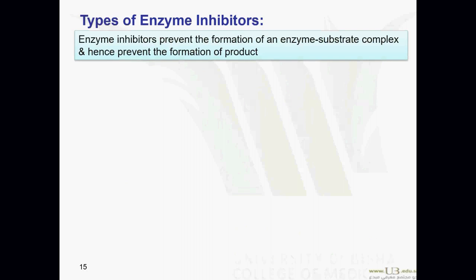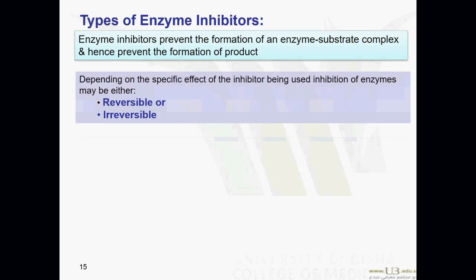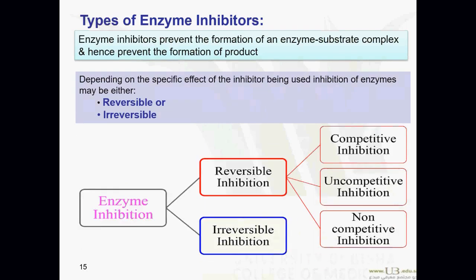We have different types of inhibitors. They are classified generally into 2 types: reversible inhibitors, where the reaction is affected by the inhibitor, and if we remove the inhibitor, the rate of reaction will go back to normal. And some inhibitors are known as irreversible inhibitors.